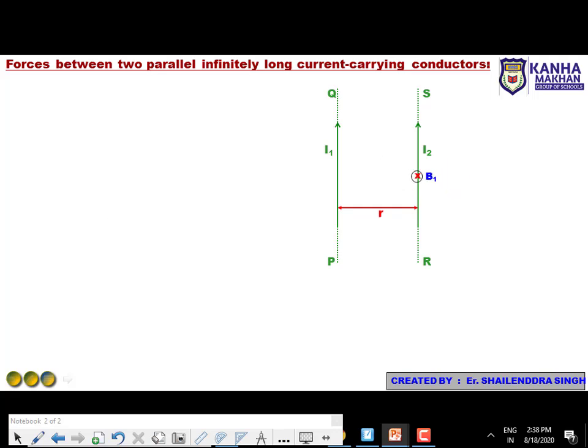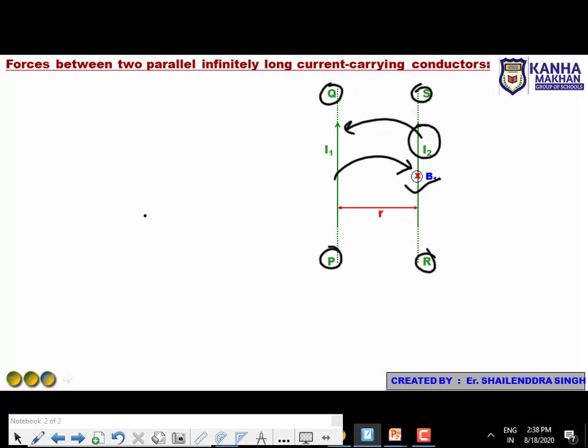Due to the wire PQ, suppose the magnetic field here will be inward, and that magnetic field is due to the first wire, so it is called B1. The second wire, RS, will provide a magnetic field here, and according to the right hand thumb rule, that magnetic field will be outward at that point and is known as the vector B2. So what should be the final value of it?